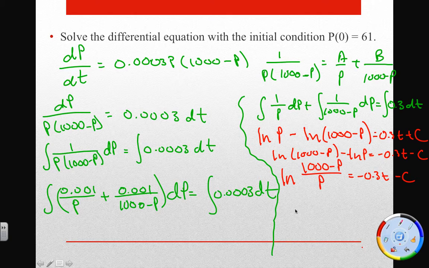And to get rid of the natural log, I can take e of both sides, and I can say 1,000 minus p over p is equal to e to the negative 0.3t minus c. And if you put the minus c up there, you can actually kind of get rid of something if you really want to. I can put the e to the negative c right here, because multiplication will add exponents, so I'm just going to do it that way.